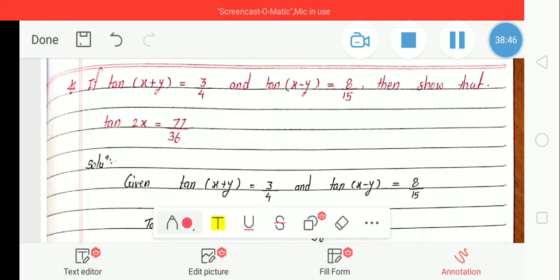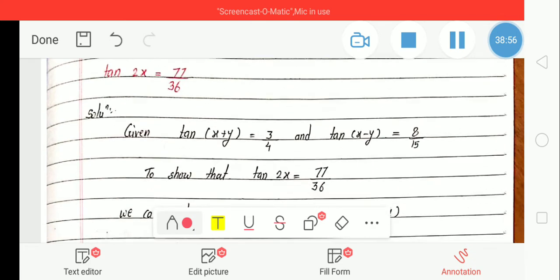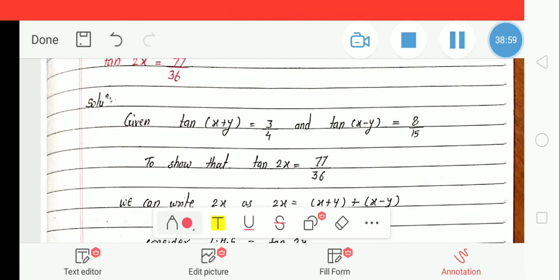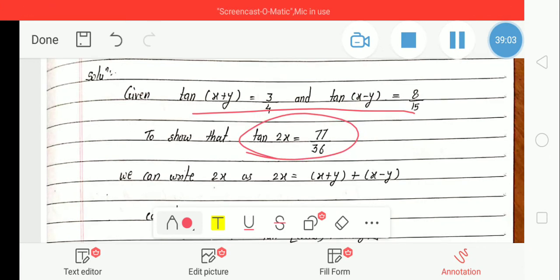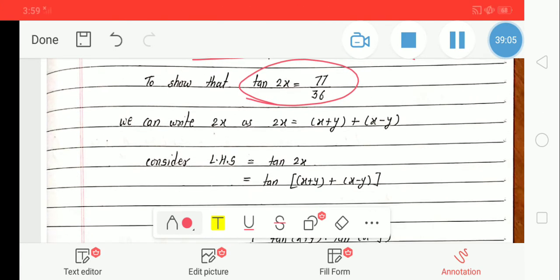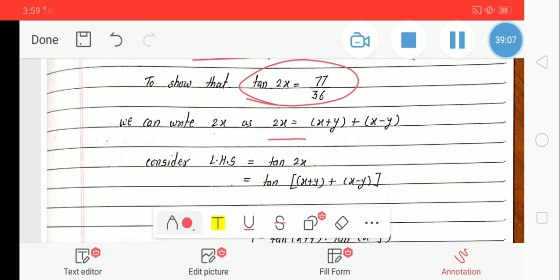Now next example: tan of x plus y is equal to 3 by 4 and tan of x minus y is equal to 8 by 15. Then show that tan of 2x is equal to 77 divided by 36. So these are given. Now to show that tan of 2x is equal to 77 divided by 36, 2x means x plus y and x minus y added. So y gets cancelled, and x plus x means 2x.